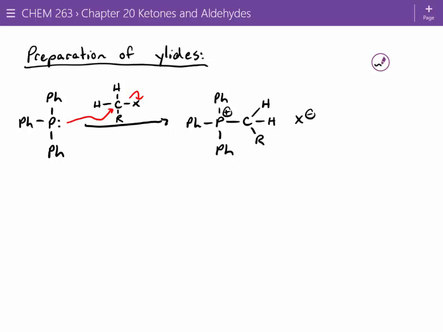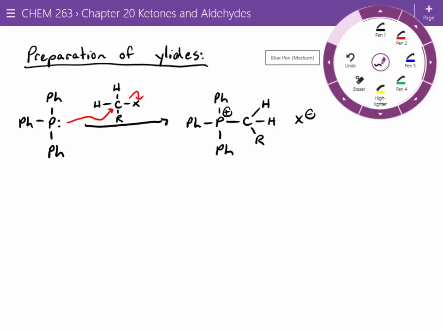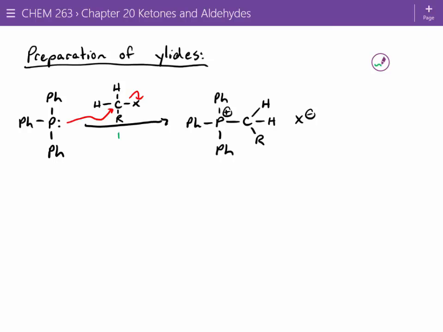Can we use a tertiary alkyl halide? No, why not? Yeah, exactly. So for these reactions, one important thing to note is that it works best with methyl groups or primary alkyl halides.